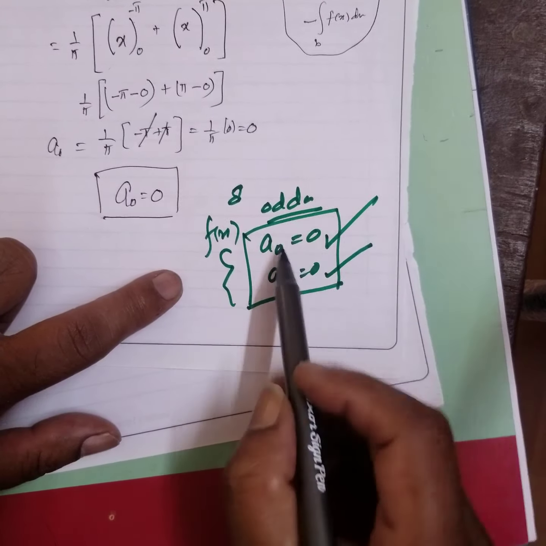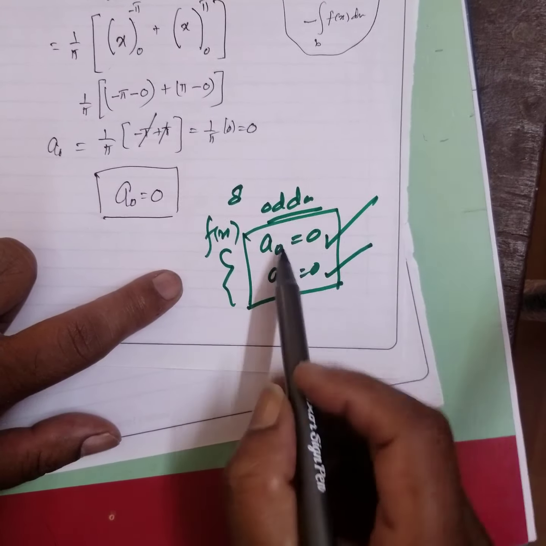Right? The next, coming back to this, Bn. Bn is equal to 1 by pi, from minus pi to plus pi, function of x sin nx dx. Same old stories. Simple integration, that you can directly do in the exam.